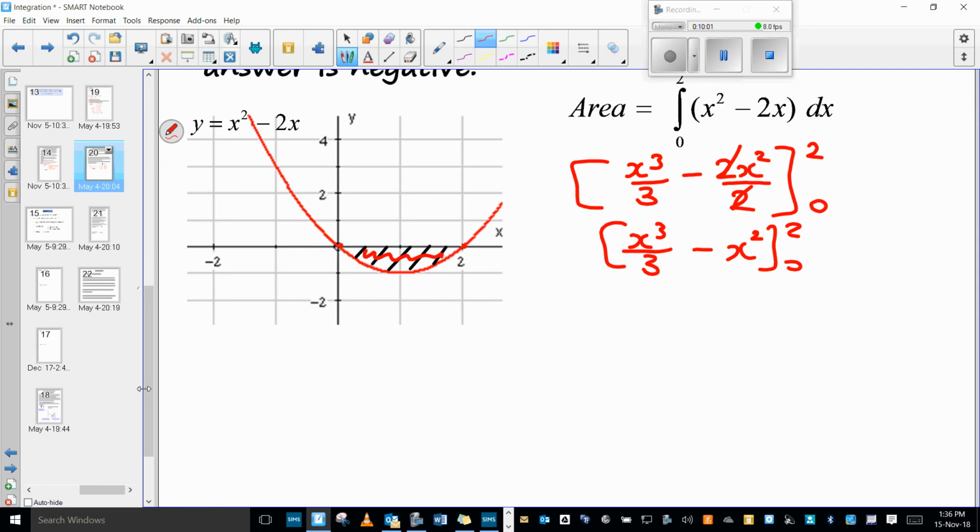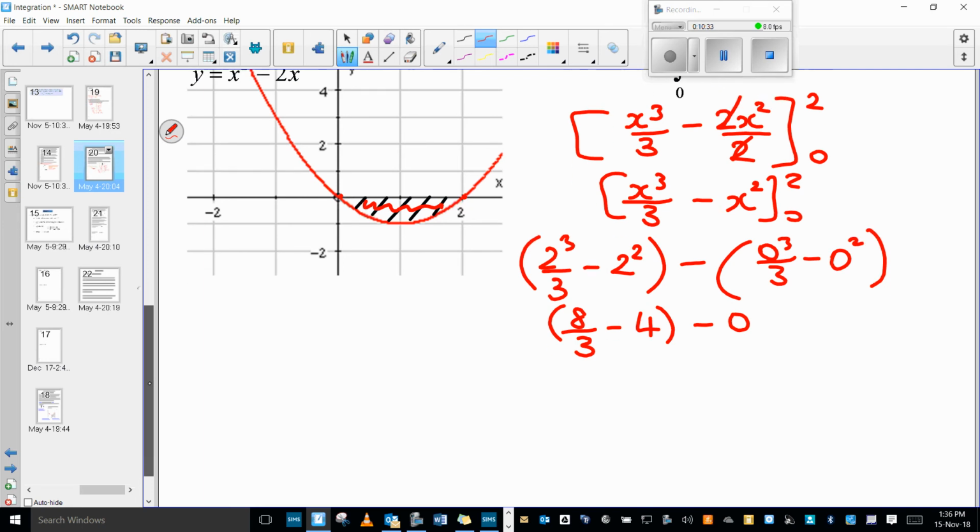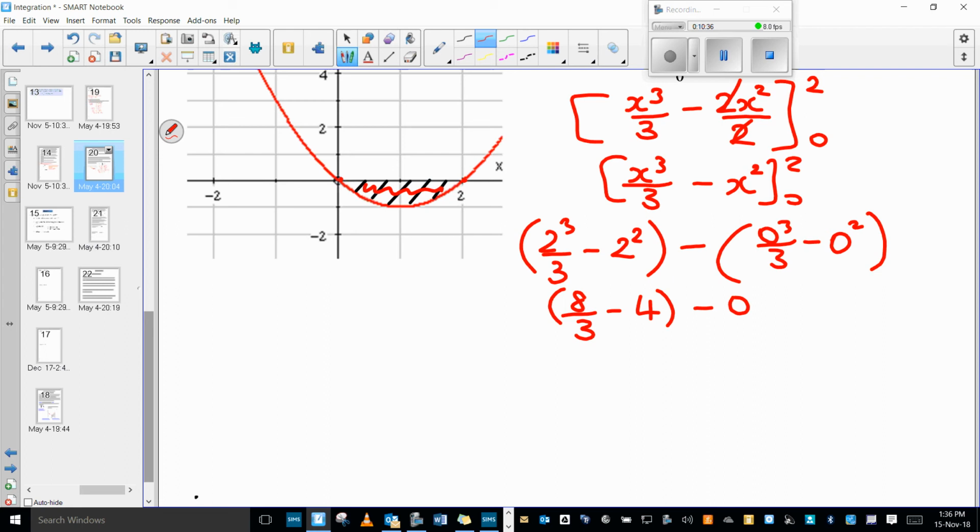So we've got 2 cubed over 3, subtract 2 squared, take away 0 cubed over 3, subtract 0 squared. So 2 cubed is 8. Yes, 8 over 3, subtract 4, take away nothing. So you've got 8/3, take away 4.